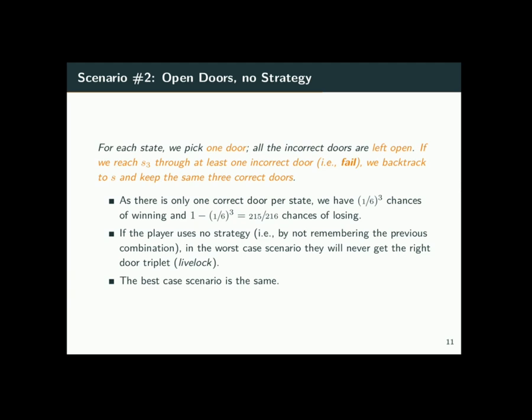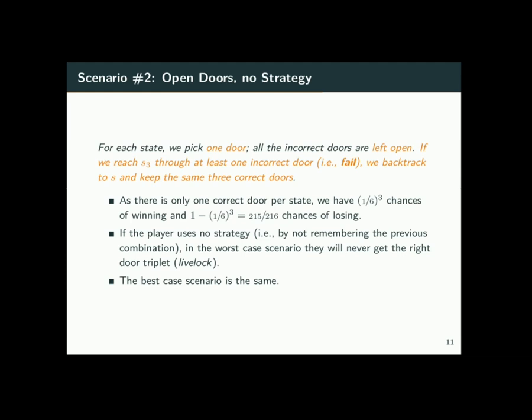So I have 1/6 cubed as our overall probability of taking the correct configuration. As a consequence, as per probability theory, 1 minus the probability value gives you the probability of the opposite event. And so you have 215 over 216 chances of losing. So then you are increasing to 215 the number of configurations that are losing.